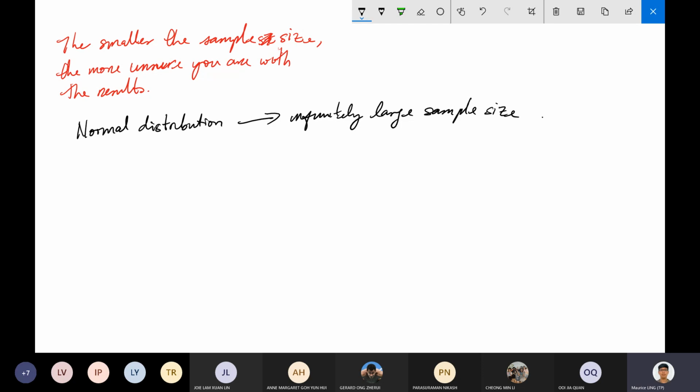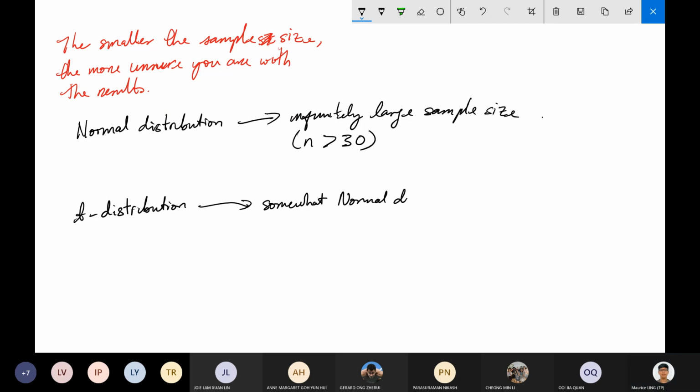But mathematically infinitely large is a bit hard to say. So usually most people say that if sample size is more than 30, Z distribution, normal distribution is quite okay. So T distribution is somewhat your normal distribution, but you have some correction for small sample size.